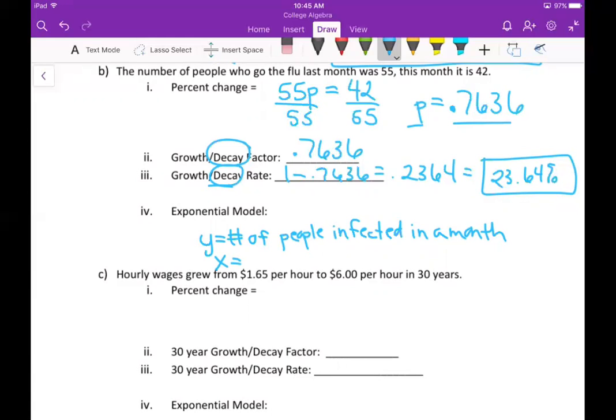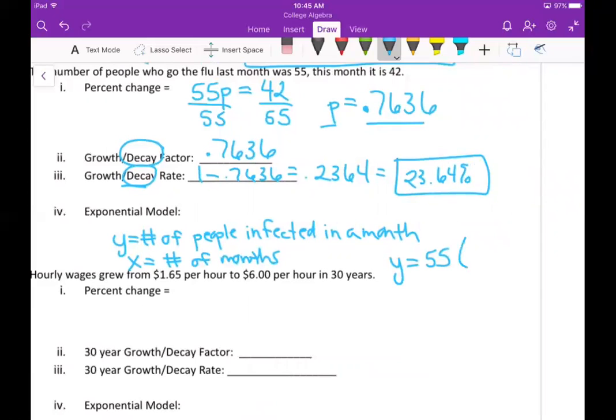We went from 55 to 42 in a month. So X is just the number of months. Then we end up here with Y equals, we started with 55 people getting it in a month. We took that times 0.7636 for each month, and that will report out how many people get it each month, by the way that this problem was stated.